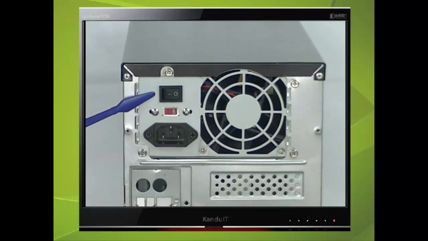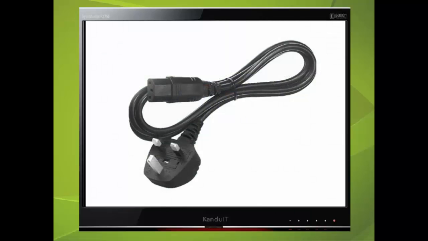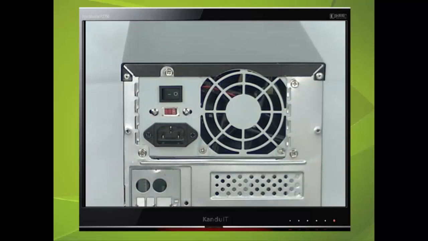With the O depressed, then the power supply is isolated from the mains. So even if you press the front power button, nothing will happen. Just below this is the mains socket, and uses what is known in the industry as a mains kettle lead. All power supplies need some sort of cooling, and this power supply is no exception. It has an internal fan.